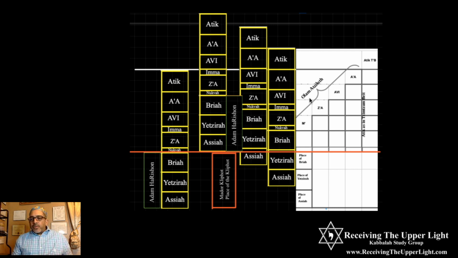Okay, so we're going to leave it here, and the next lesson is going to be on the section called Who Has Created These? Mi Bara Eleh. This is going to talk about this area here.